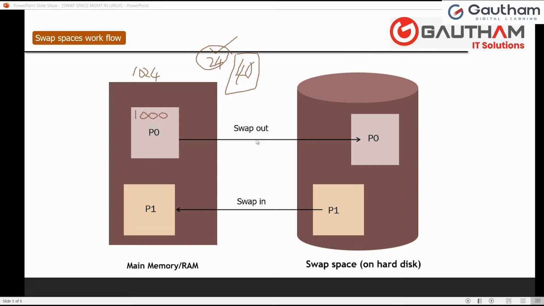Just think one thing. Do you think in the RAM all the processes will be active all the time? Definitely not. There might be many processes that are not active. They're just waiting. Maybe you started an application and you left it behind. You're not using it, so your application will go into standby mode.